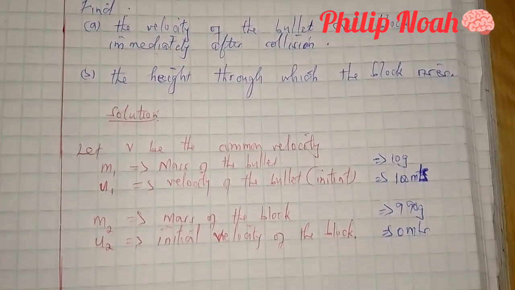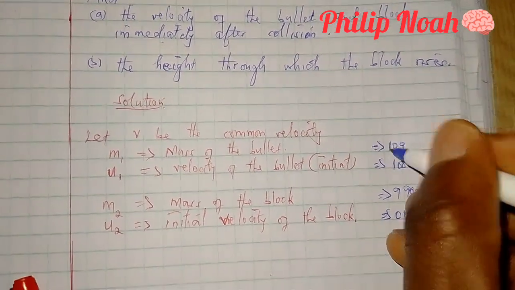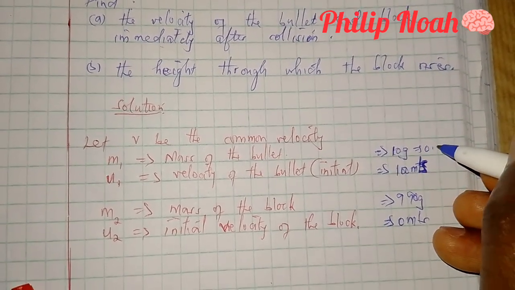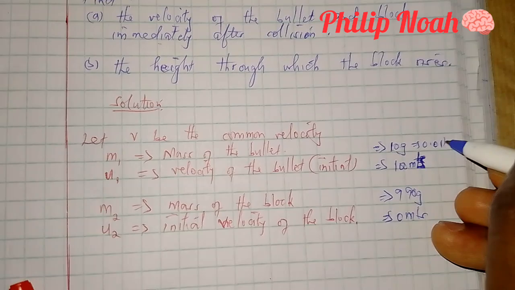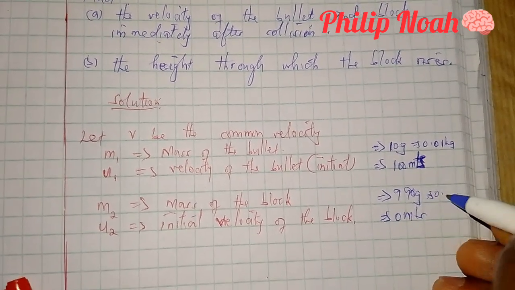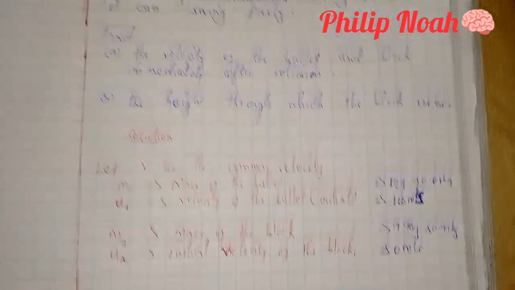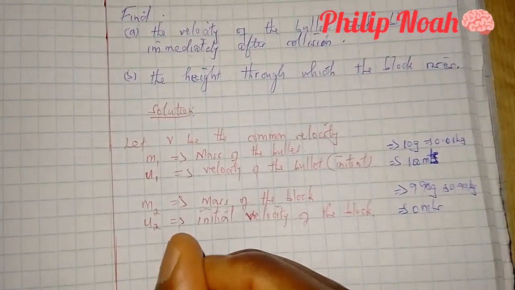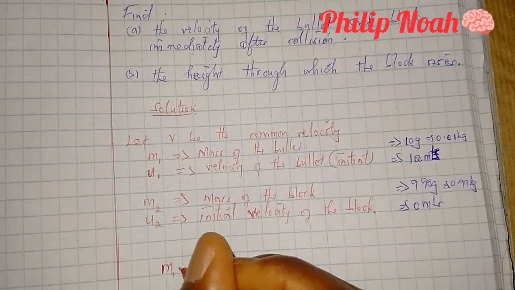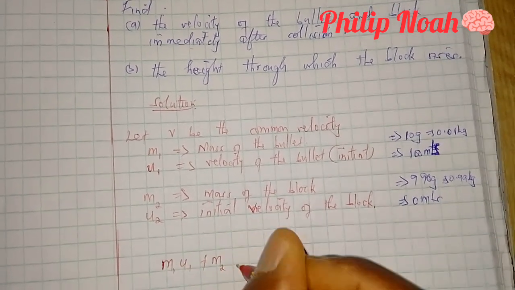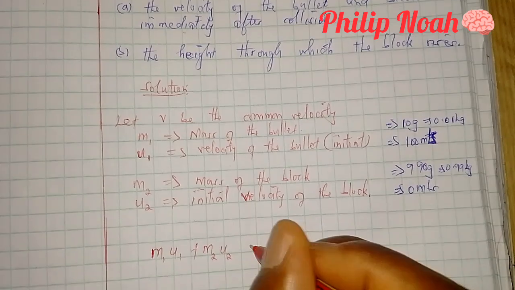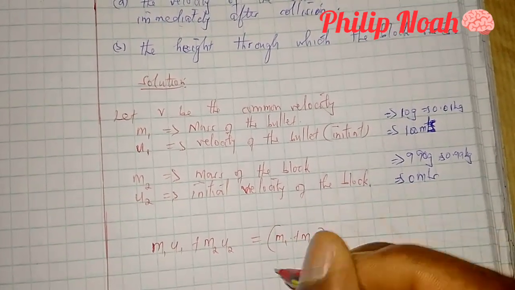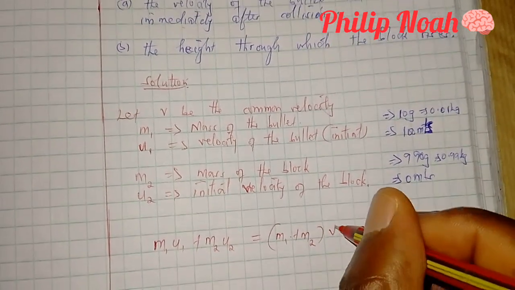So the next step, we convert these masses into kilograms. This becomes 0.01 kilogram, and this becomes 0.99 kilograms. Then we say that m1u1 plus m2u2 is equal to m1 plus m2, the whole multiplied by v, the common velocity.